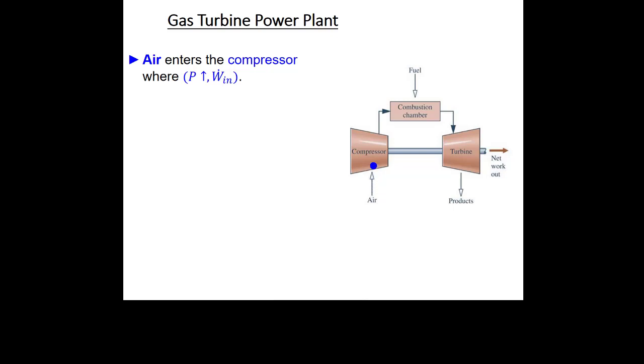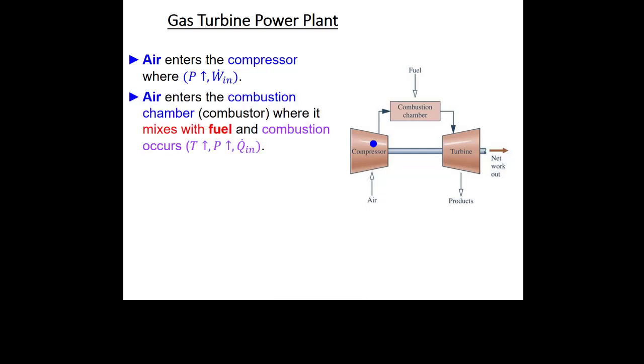So typically what happens in a gas power plant, we have air that's coming in from the environment, and it goes through a compressor, so we're putting work into the system. We're increasing its pressure, and because it's a gas, we're going to assume it's an ideal gas. So as we increase the pressure, the temperature goes up too. But then we mix the air with fuel in the combustion chamber, and we are igniting that air-fuel mixture to generate heat.